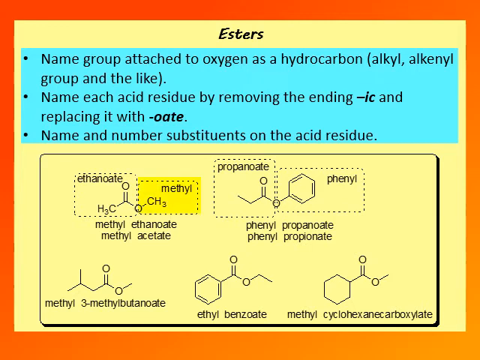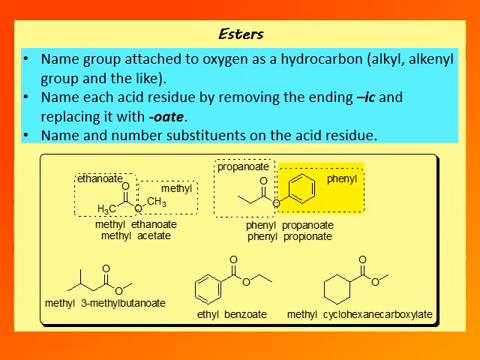Here is one example. So substituent on oxygen atom is methyl group, so it's going to be methyl. And carboxylic acid residue has 2 carbon atoms, so that's ethanoic acid. We drop -ic, replace it with -oate, it becomes ethanoate. So this is methyl ethanoate. Trivial nomenclature, so carboxylic acid according to trivial nomenclature with 2 carbon atoms is acetic acid, so this becomes acetate or methyl acetate.